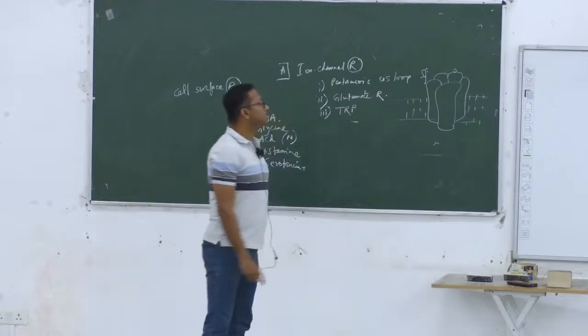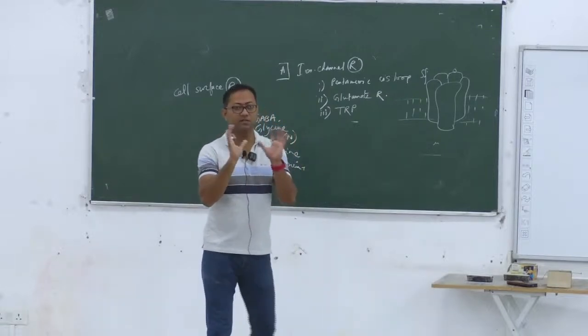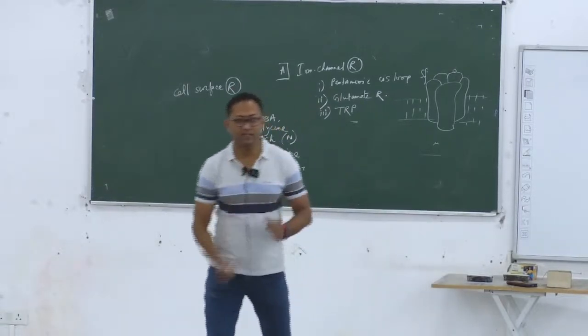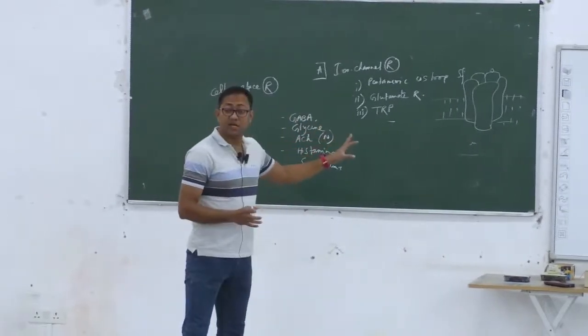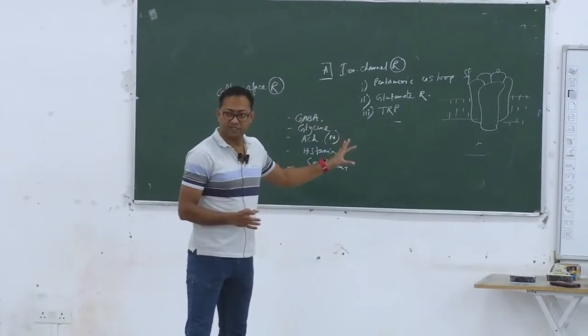So this is how 5 subunits are arranged in a flower fashion, right? Say for example, this is GABA receptor, gamma aminobutyric acid receptor.